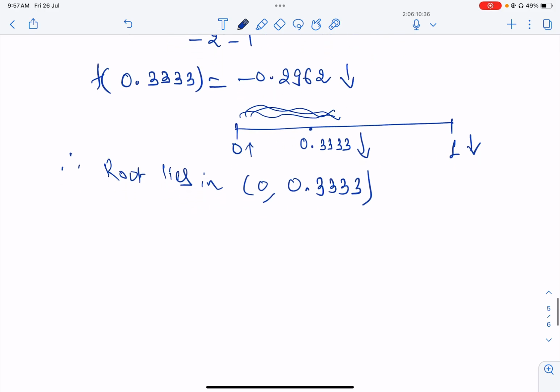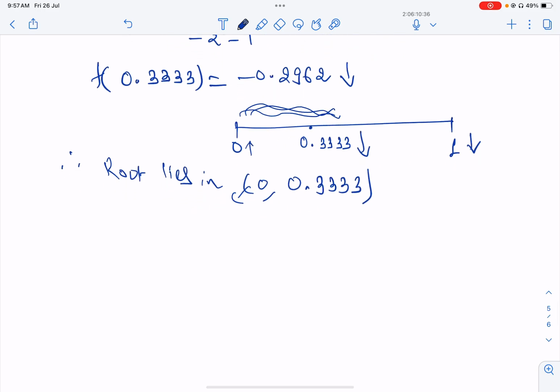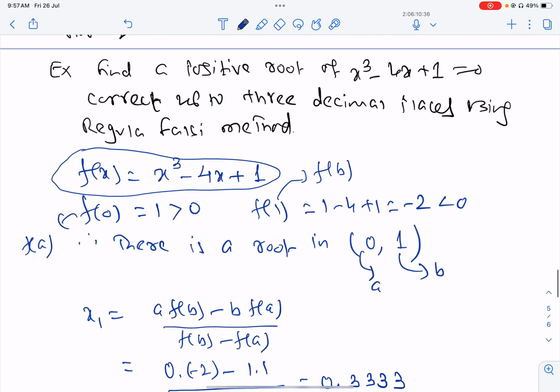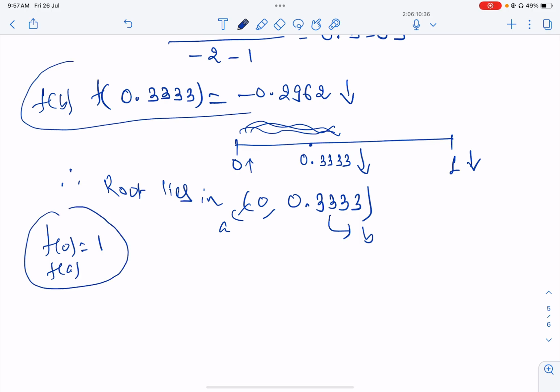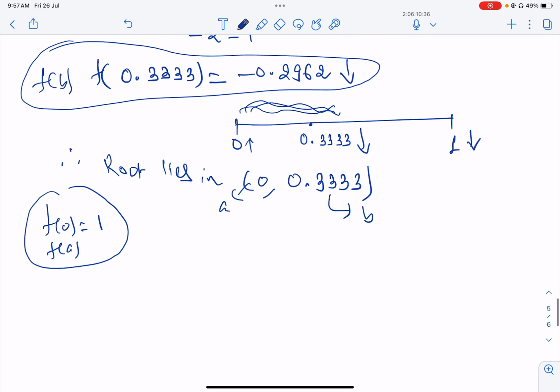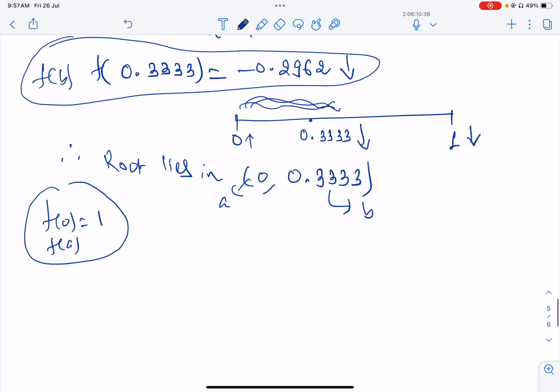So next iteration. Now this becomes your A, this becomes your B, and this is f of B, and f of 0 is 1. So that is our f of A. So this is f of A, this is f of B, this is A, and this is B. So what is the next iteration?